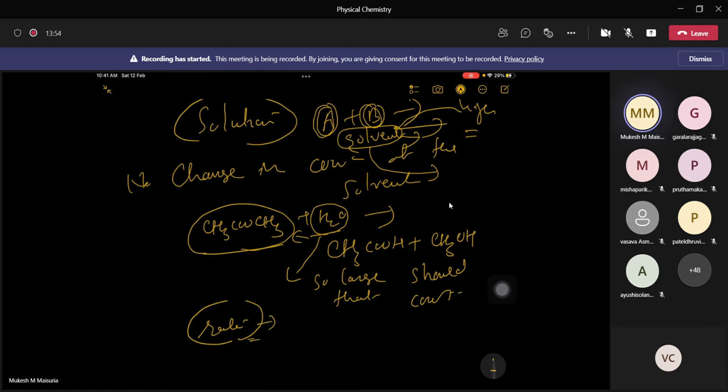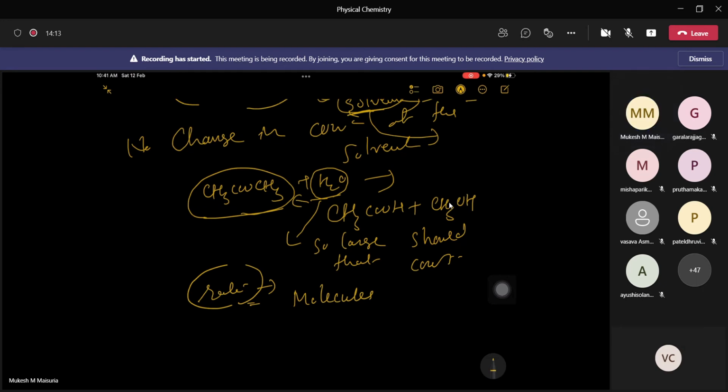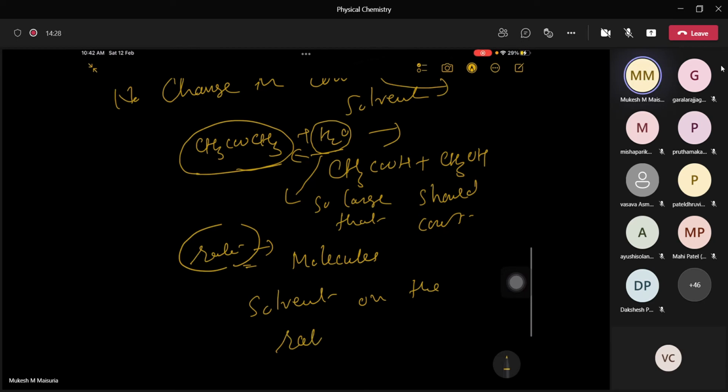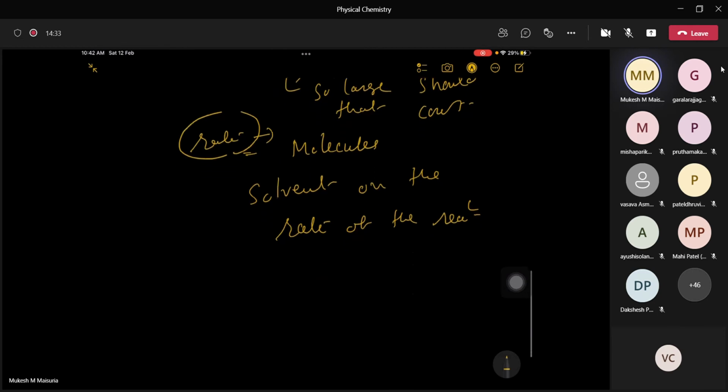If the concentration of the solvent is very large, the rate expression will be the same as the reactions between gaseous molecules. What I mean to say is that there is no effect of solvent on the rate of the reaction.